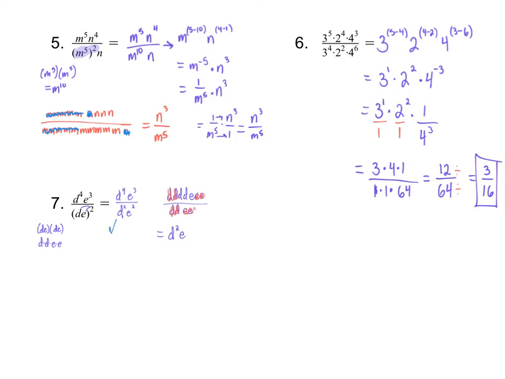If we used our exponent properties, d has a common base, and the exponents are 4 and 2, so we would subtract those. And e is our other common base, and the exponents are 3 and 2, so if we subtract them, we end up still at d squared times e to the 1st.